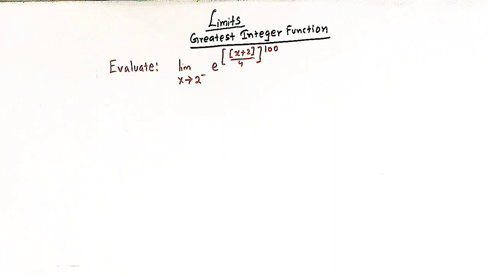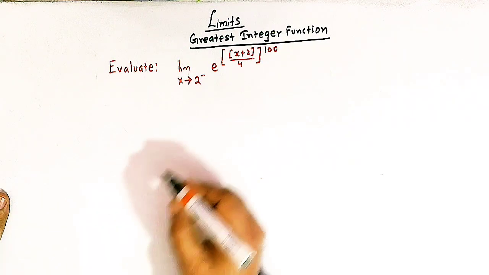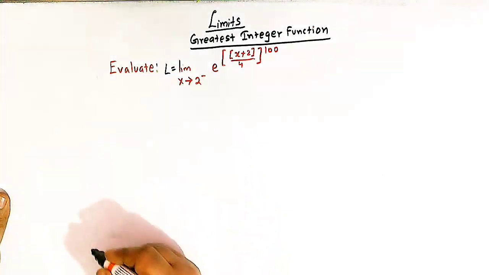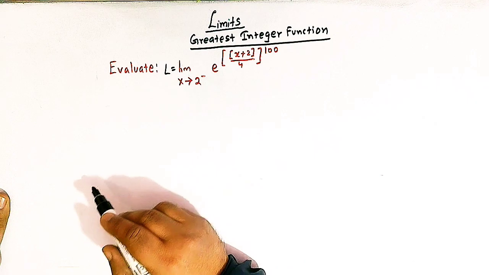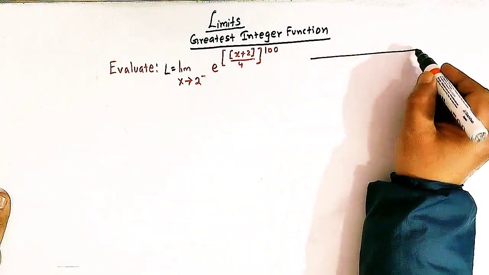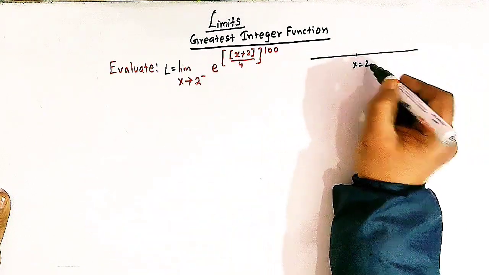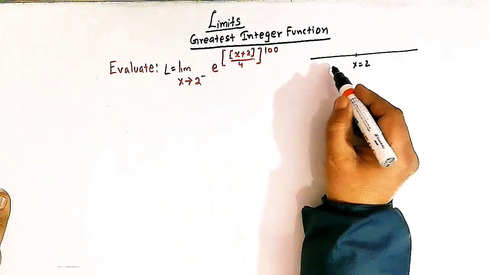So here we'll evaluate this limit with the help of some important properties of the greatest integer function. Let us call this limit L. Here x approaches 2 from the left of x equal to 2, so we have to find the left hand limit.